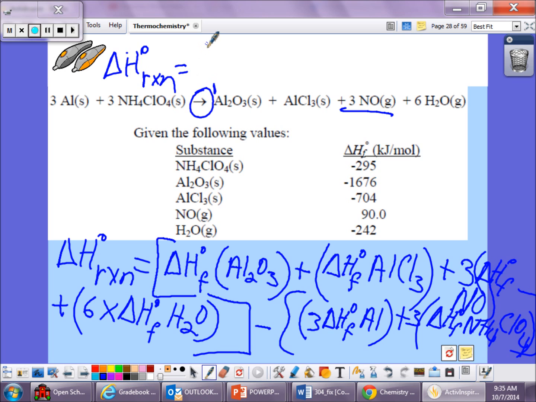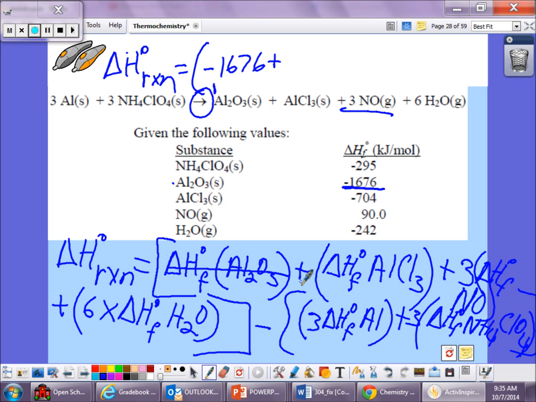Let me use parentheses. So, what is the standard enthalpy of formation of Al2O3? It is right here. This is negative. Be careful with the signs. This is 1676. I have to be very careful. That's the one I just put here. Plus AlCl3.